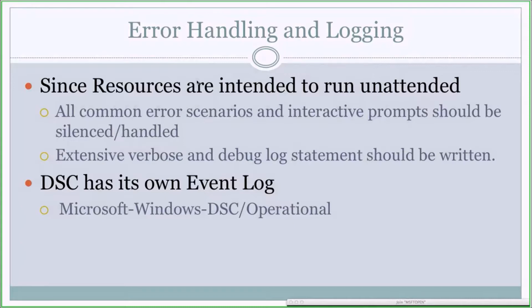And then, because a lot of this stuff will end up in the analytic and debug logs for the DSC operational log. There's the operational, and then there's analytic and debug. So if you need to figure out what's going wrong in your DSC configurations and in the resource application, lots and lots of verbose logging will definitely be your friend. It will save you many, many hours of frustration and pain, and probably save me a few gray hairs if I would have had more to begin with.